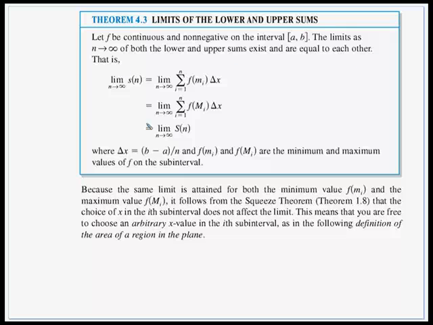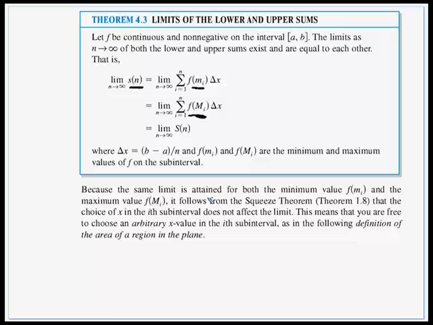That is, here it all is in our limit notation. As n approaches infinity, we have our lower limit and our upper limit, and those two are equal, where delta x is (b minus a) divided by n. We're dividing our interval from the lower to the upper limit into n subdivisions, and f of m sub i and f of capital M sub i are the minimum and maximum values of the function on the interval.